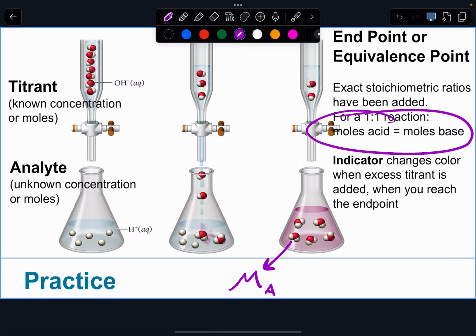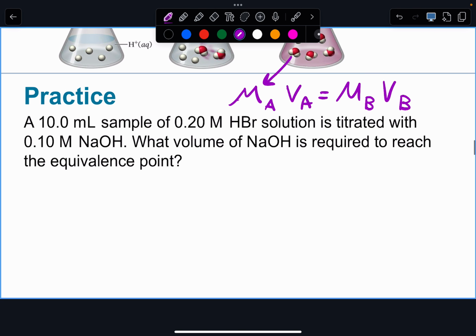It's sort of the same, but we're just going to say MAVA equals MBVB. And that can help us to identify questions like this, where it asks what volume of the base is required to reach the end point or the equivalence point.